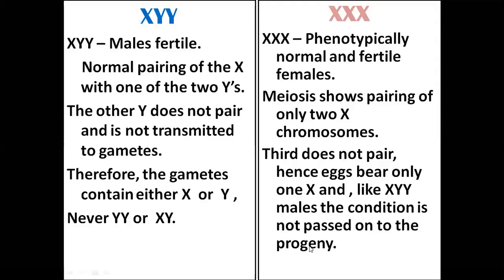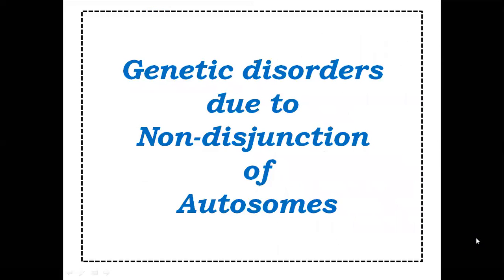And therefore, the triple X females or XYY males appear to be normal in spite of non-disjunction. So this is about the genetic abnormalities of allosomes.